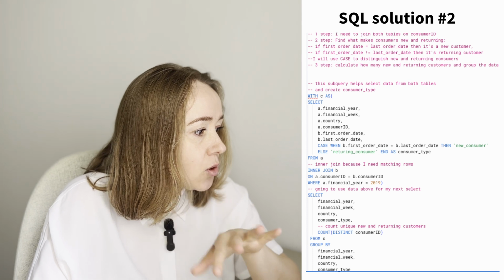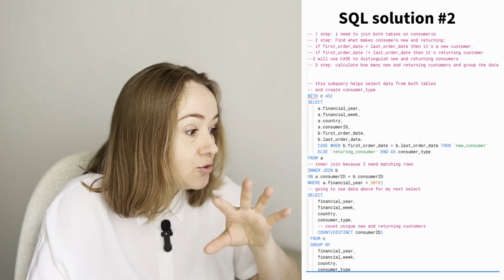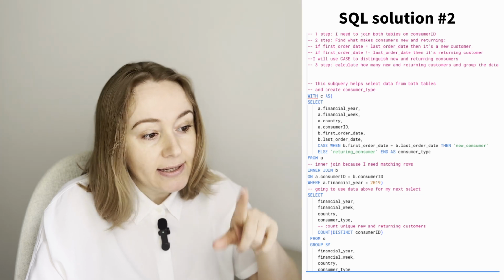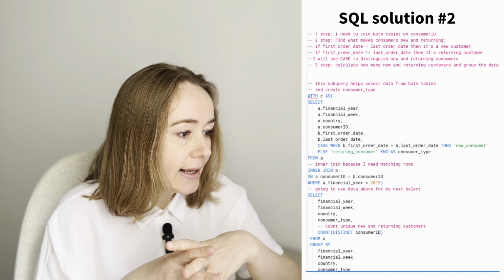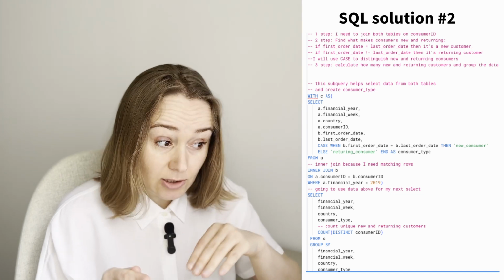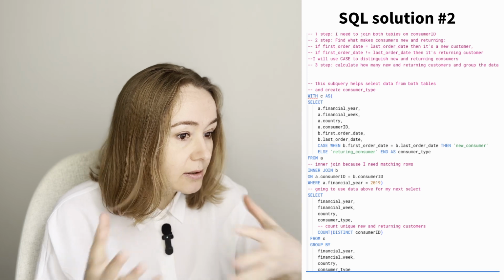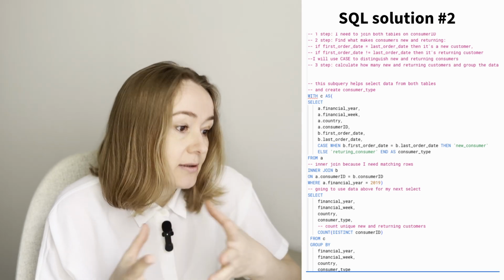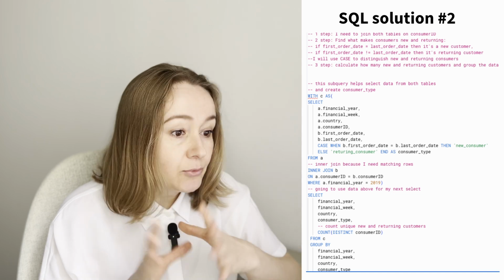And then the core logic for categorizing consumers lies in this CASE statement. If a consumer's first order date is the same as their last order date, it means they only placed one order within the time frame we are looking at. That's just logical, I guess. And we will classify them as new consumers.